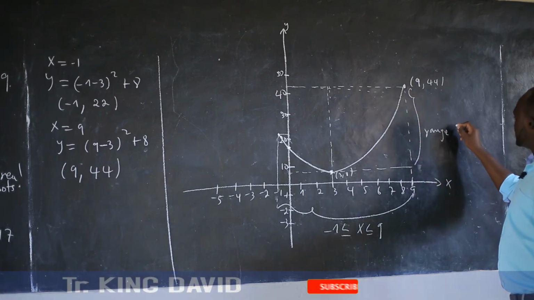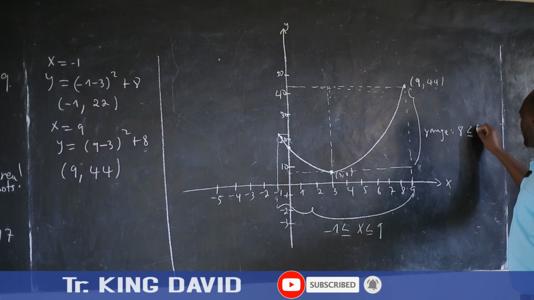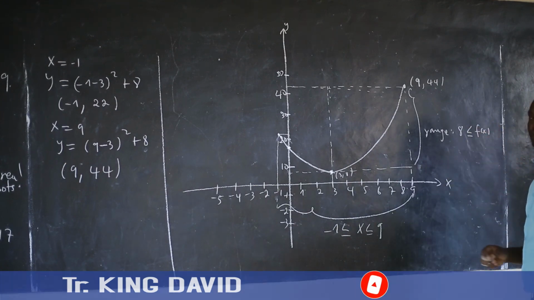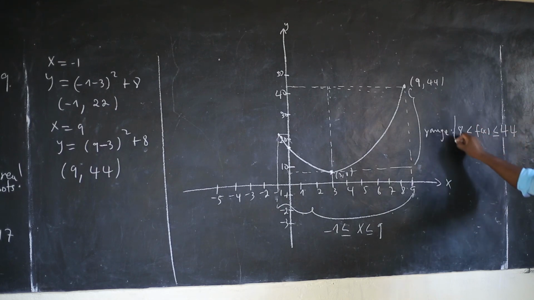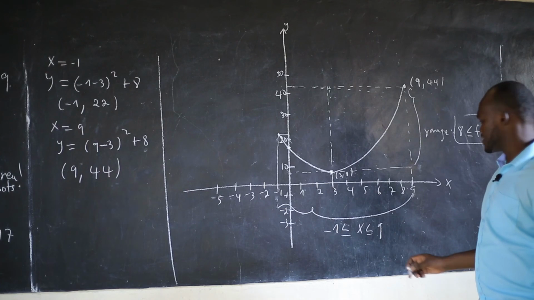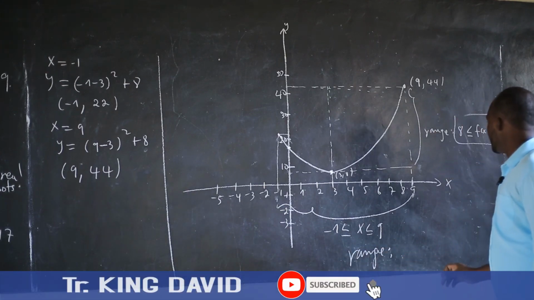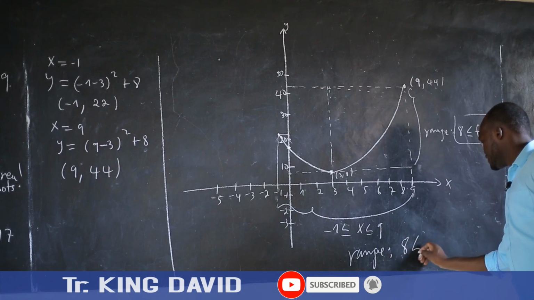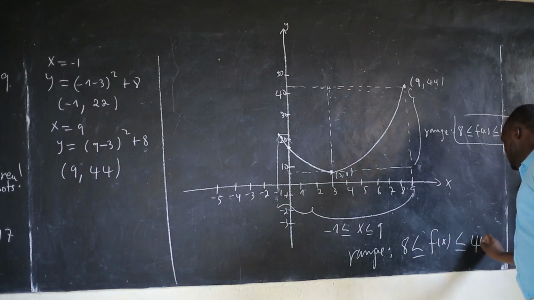So the range will be from 8 less or equal to f of x, because f of x acts as y, less or equal to 44. So this is the range. If the question asks us for the range, our range will be 8 less or equal to f of x less or equal to 44.